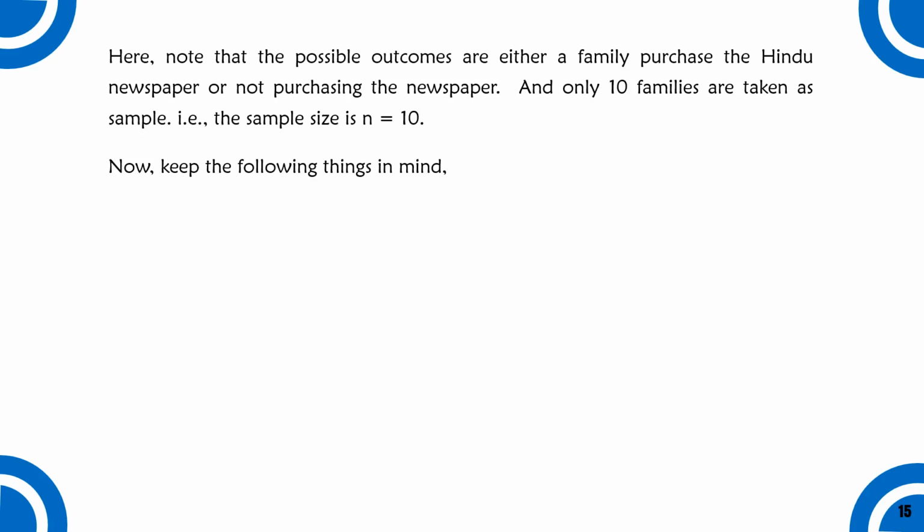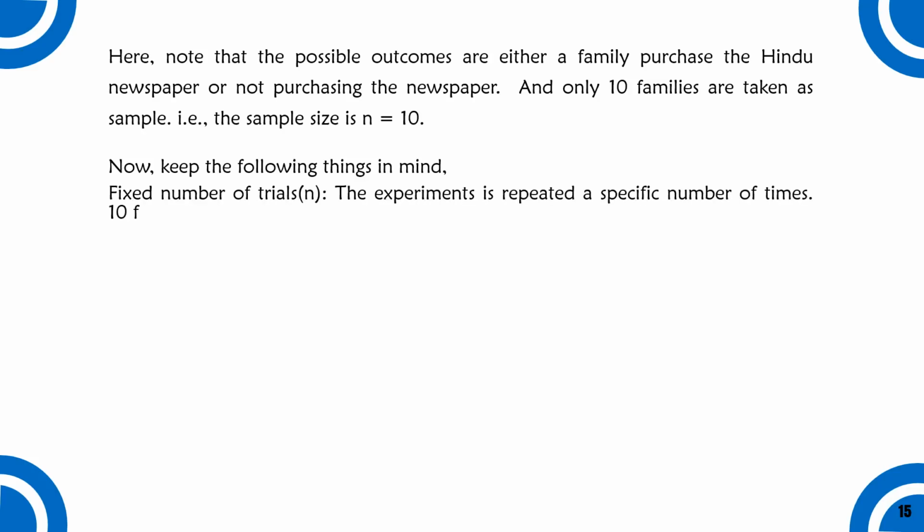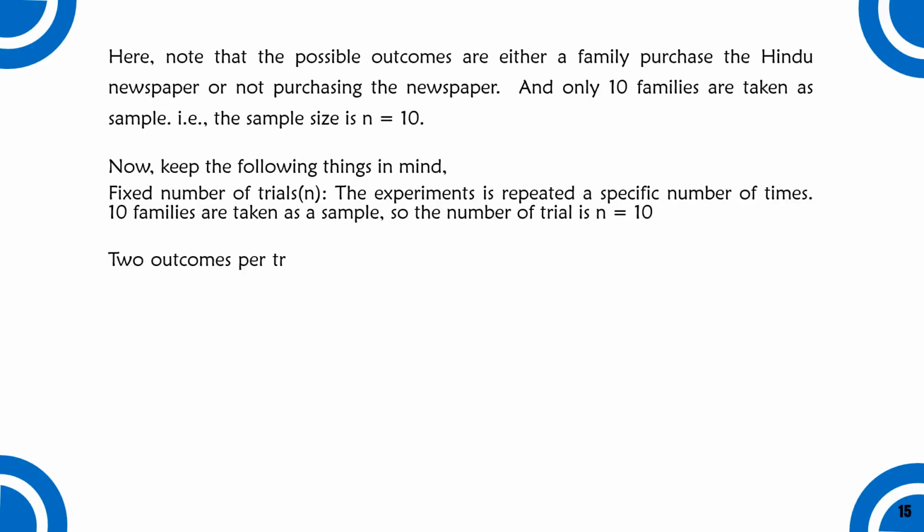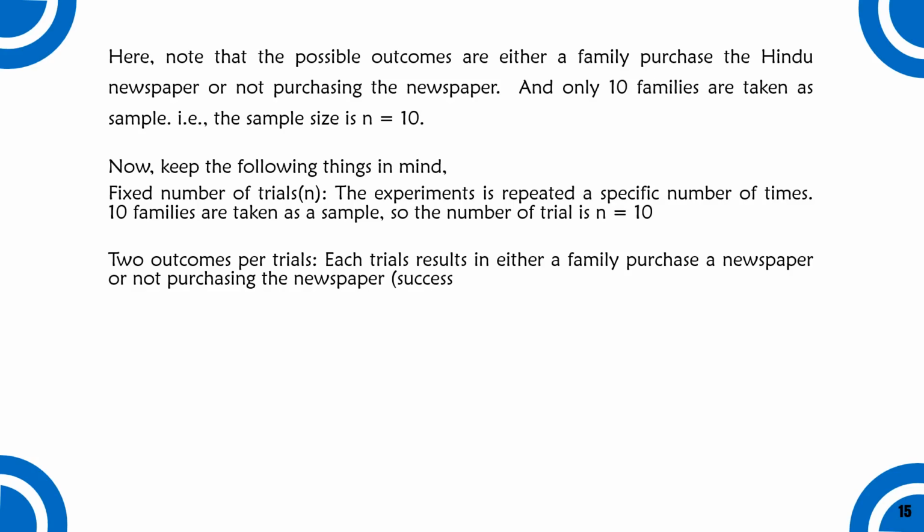Now keep the following things in mind. Fixed number of trials: the experiment is repeated a specific number of times. 10 families are taken as a sample, so the number of trials is n equal to 10. Two outcomes per trial: each trial results in either a family purchasing a newspaper or not purchasing the newspaper, success or failure.